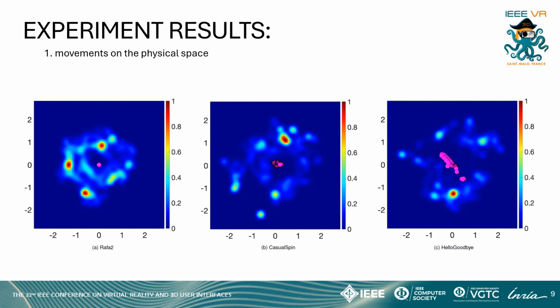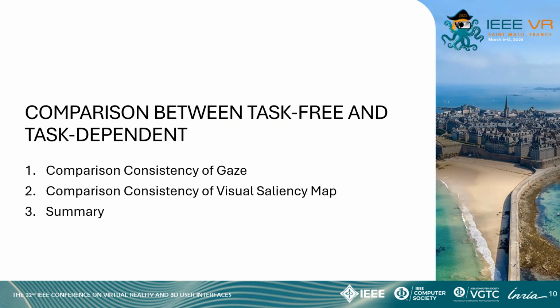You can see that with a high motion point cloud, people tend to move a lot, the area is larger, and people tend to find a specific spot to get the information they want. But if the content is not moving, then the user just walks around randomly. For the other analysis, you can refer to our paper for more detail.